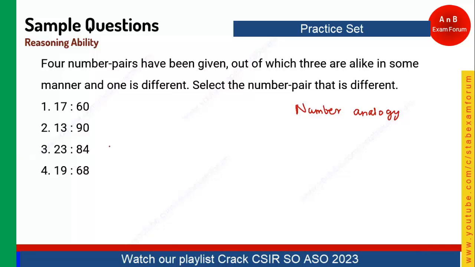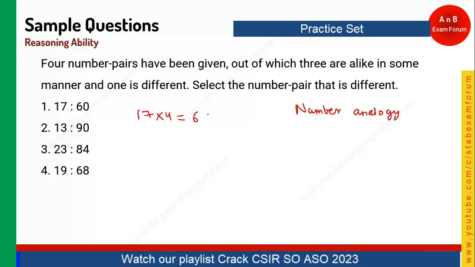So student, I will tell you the trick for this question particularly, but let's see this question in detail. Whenever you find a certain relationship, you should go with the difference or multiplication. So let's try the multiplication. 17 into 4, if we check, is what?